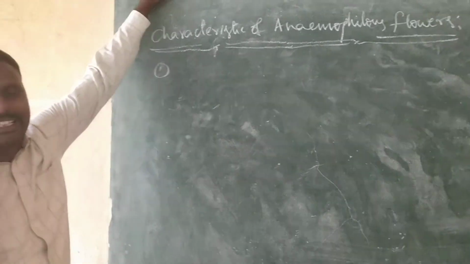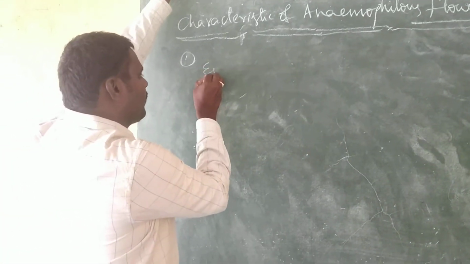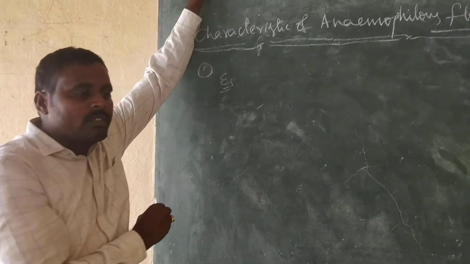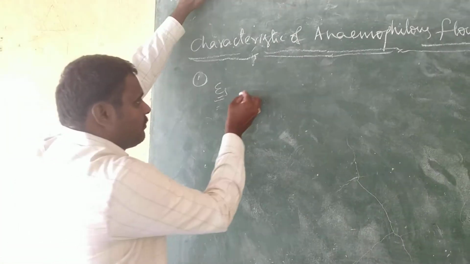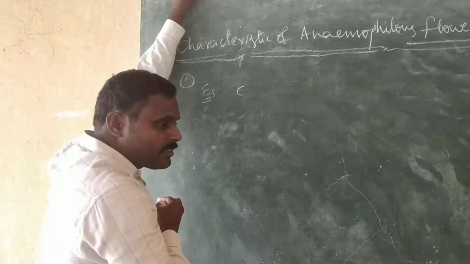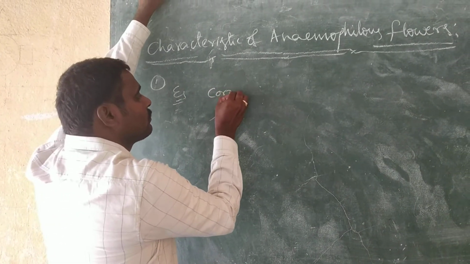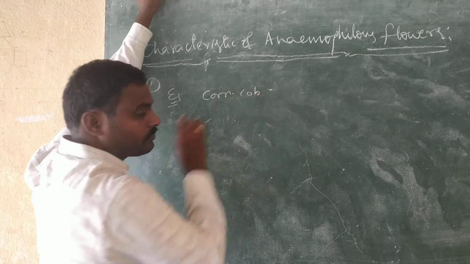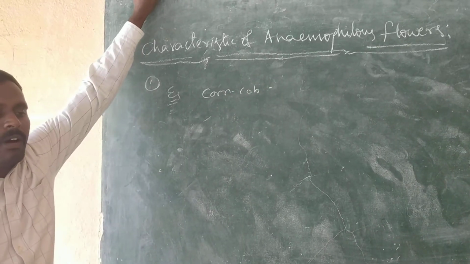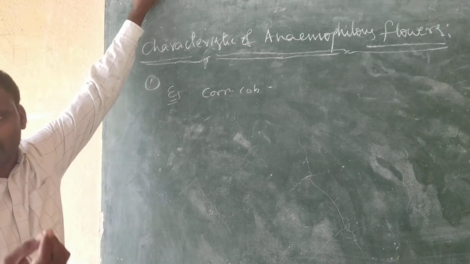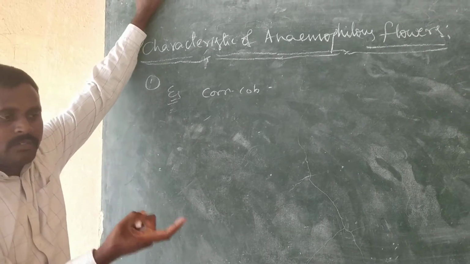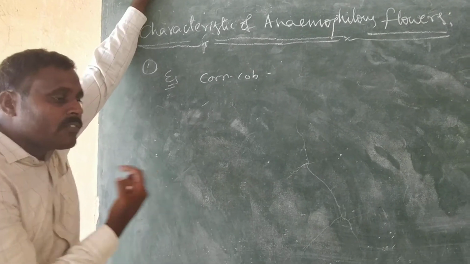How can you say that? The best example for this is corn cob. If you observe the corn cob flower, it contains a bunch of silky hairs.